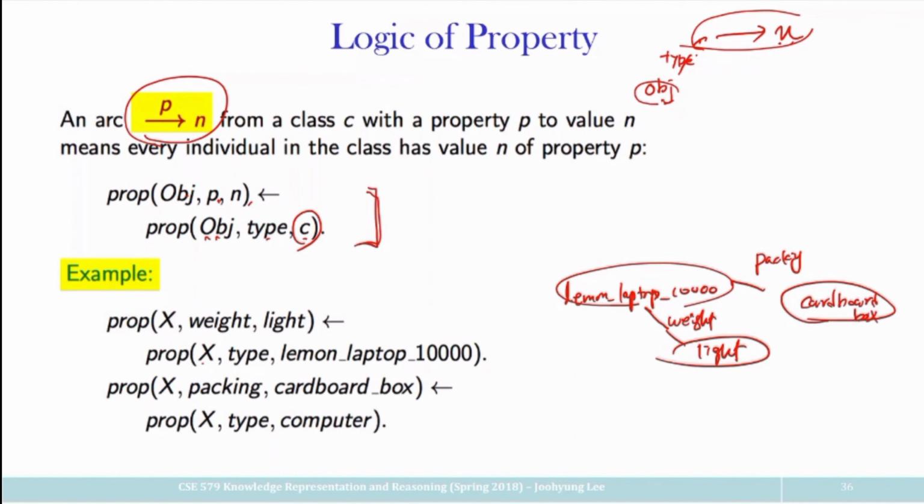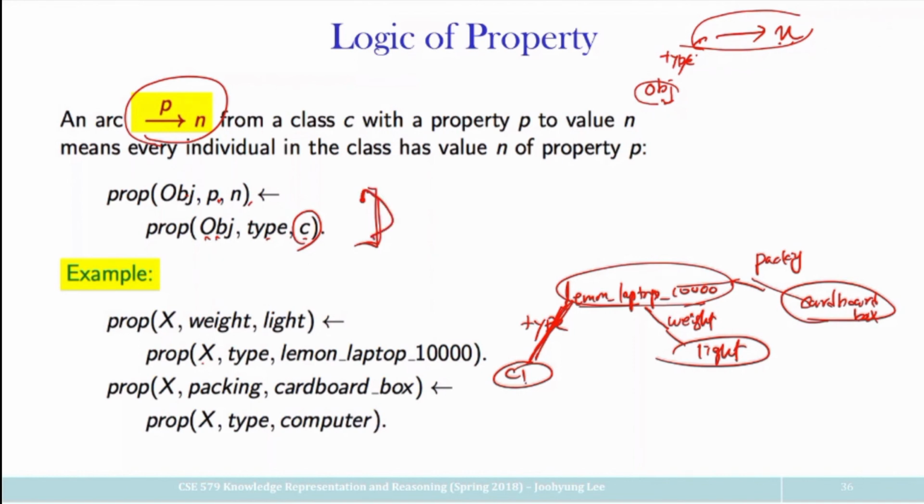Now, I know some particular computer, so let's say C1, okay, is a Lemon Laptop computer. So what I want to do is just introduce the link here that C1 is a member of Lemon Laptop 1000. But once I introduce this link, according to the semantics of the logical property, what we get is, since this is a type of this Lemon computer, it will also have the same packing as this class, according to this rule.